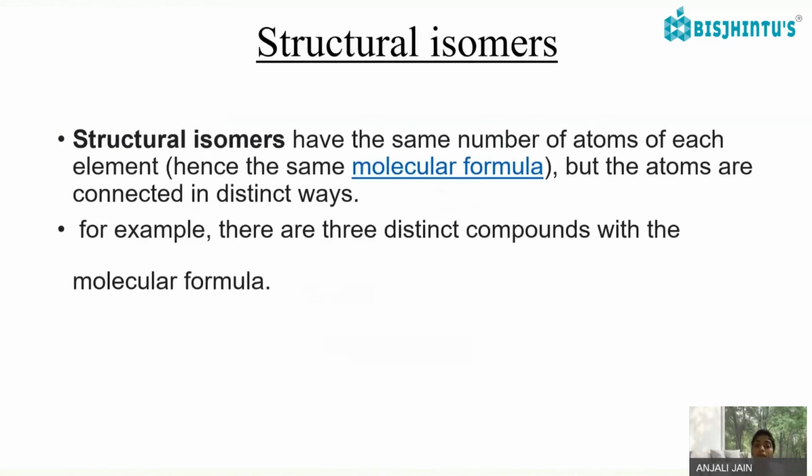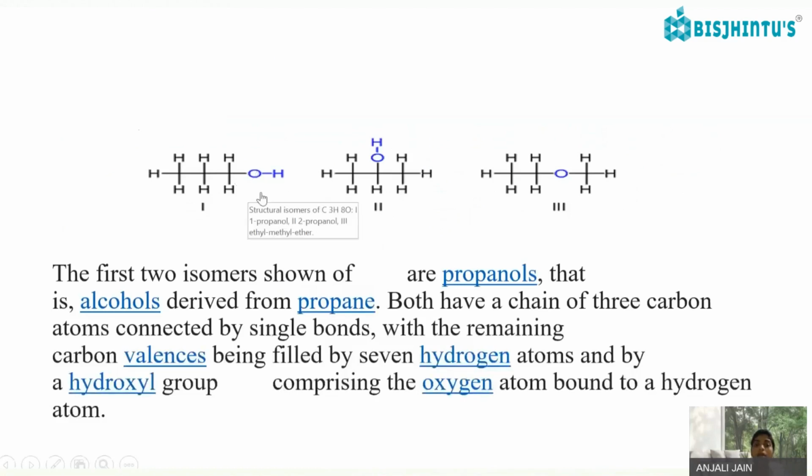For example, there are three distinct compounds with the same molecular formula. Over here, the first has a hydroxy group, the second has a hydroxy group at the second position, a secondary alcohol, and the third one is an ether. The first two isomers shown are propanols because these are alcohol structures derived from propane.